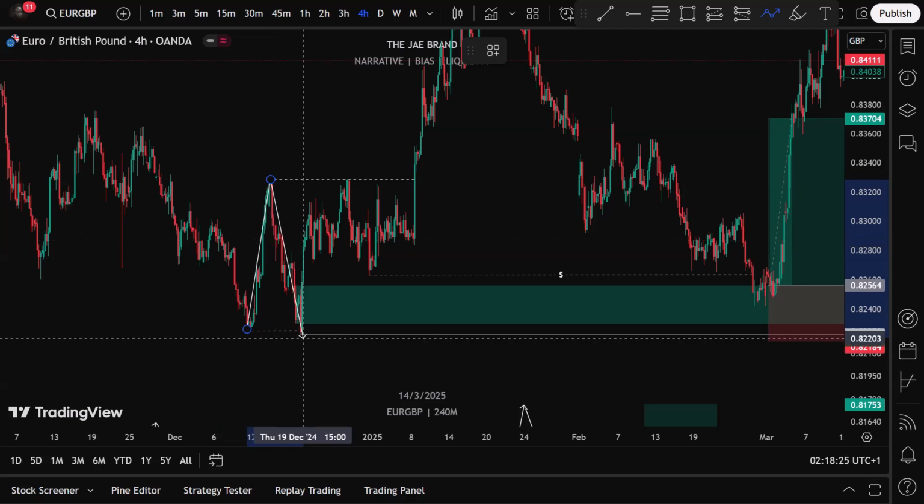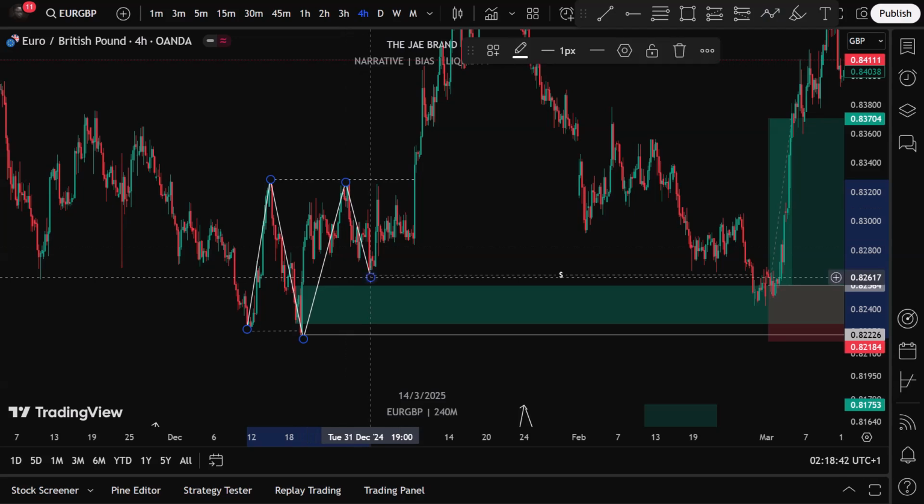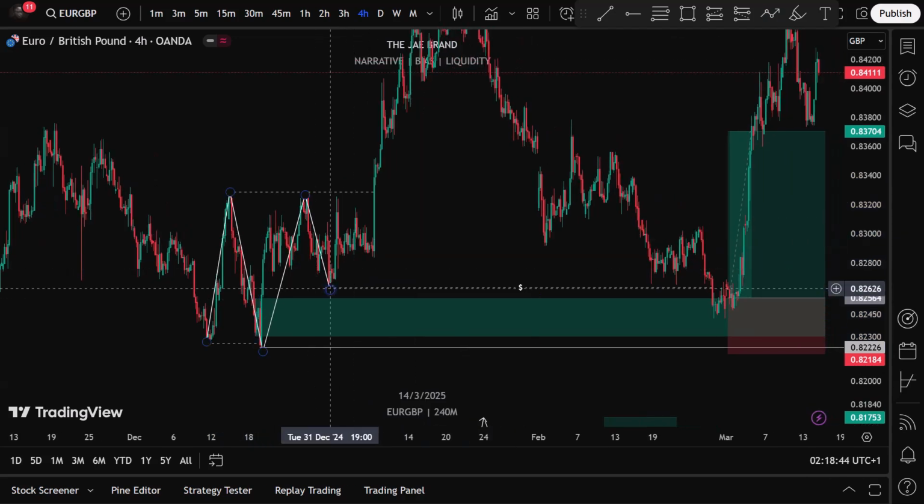You can see a sweep of this previous low, and then price rallied around this area without taking out the recent high, which has made this area our structural liquidity.